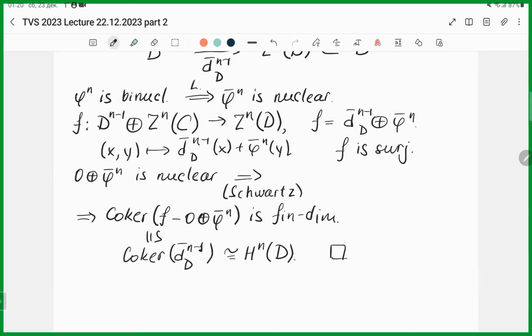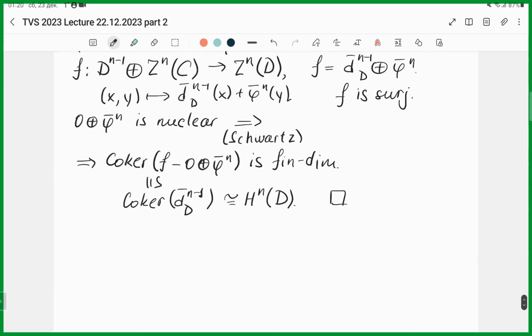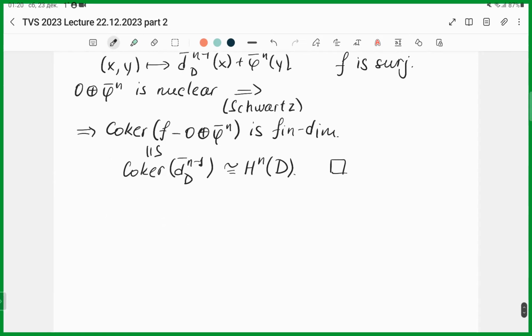Okay, so now we are almost ready to prove the Cartan-Serre finiteness theorem. The only little thing before the proof is a simple exercise for you, a simple exercise in complex analysis.